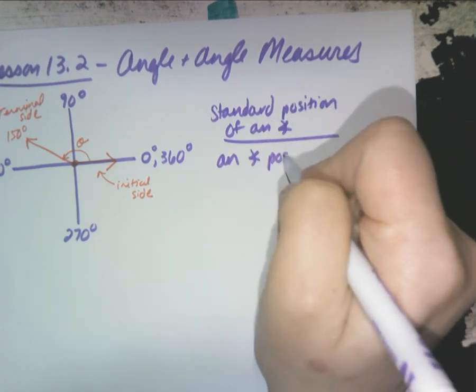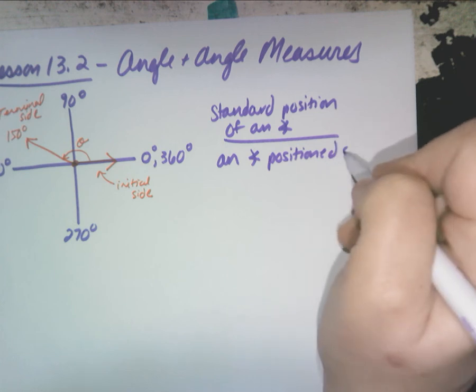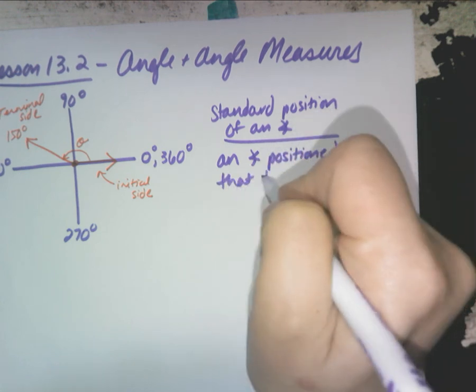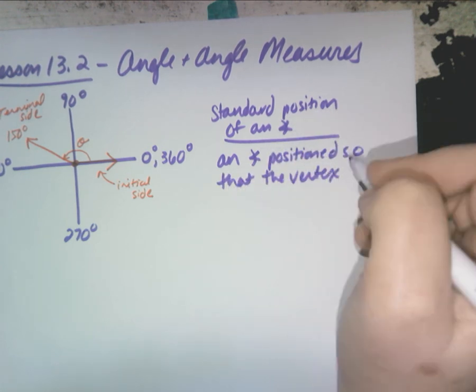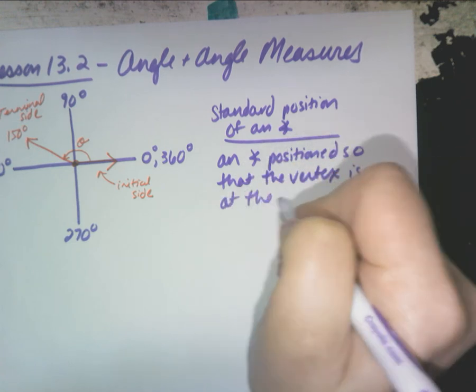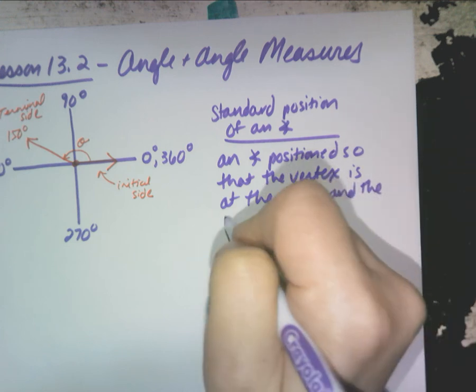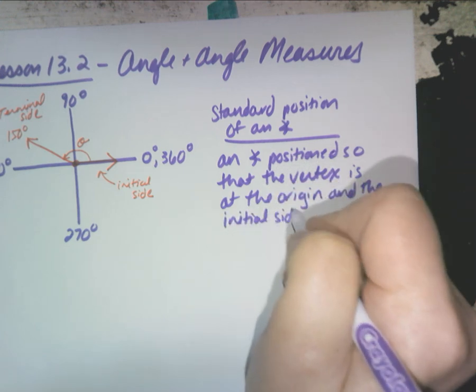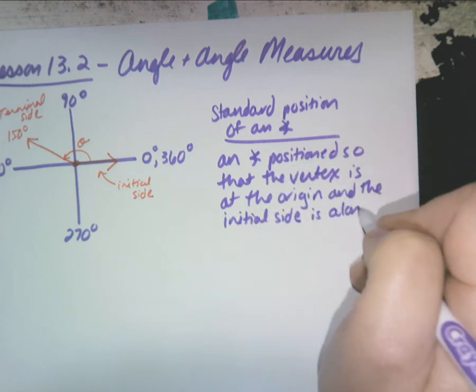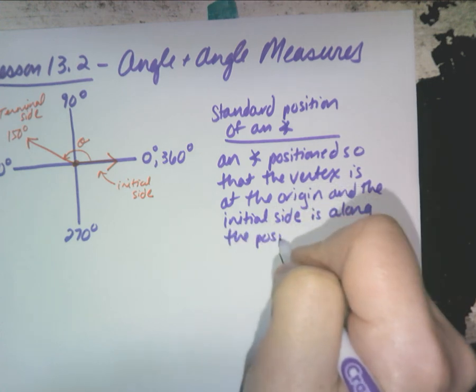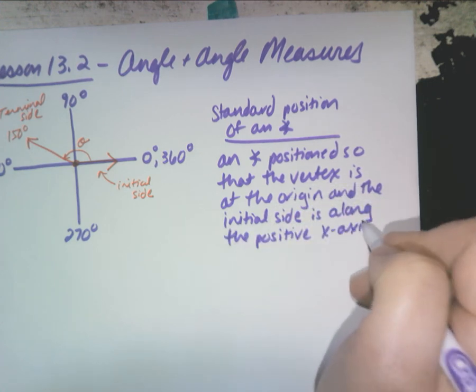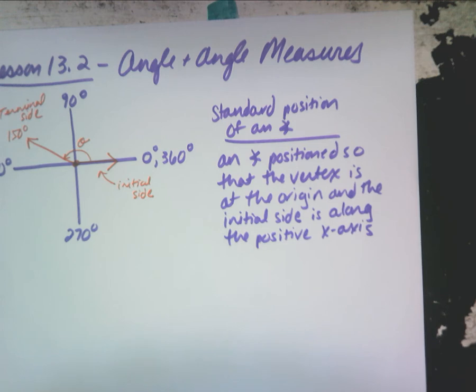It's an angle that has been positioned so that the vertex is at the origin and the initial side is along the positive x-axis.